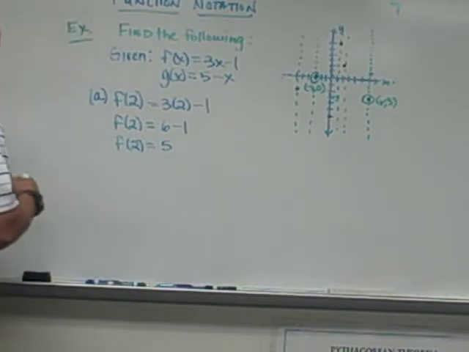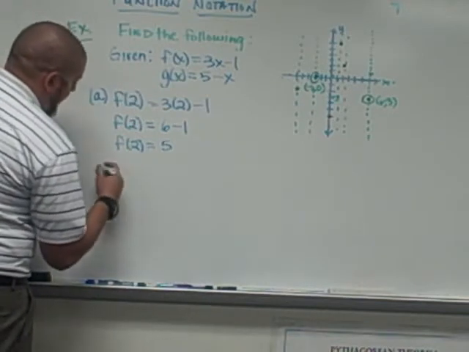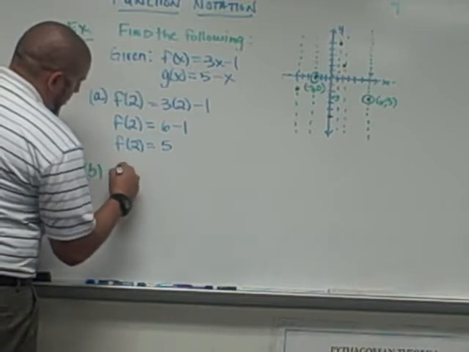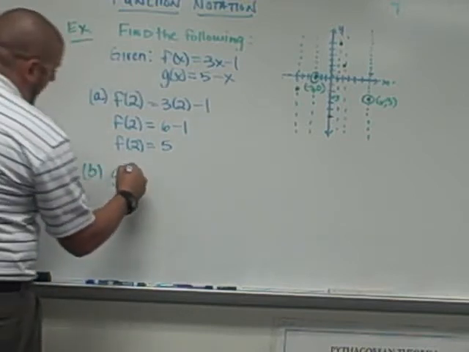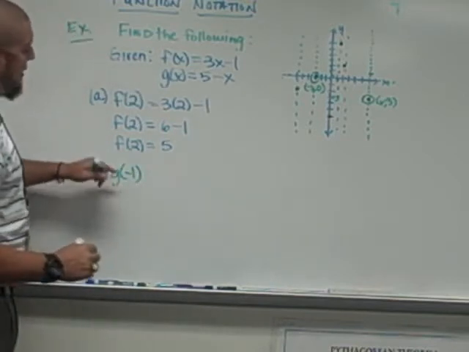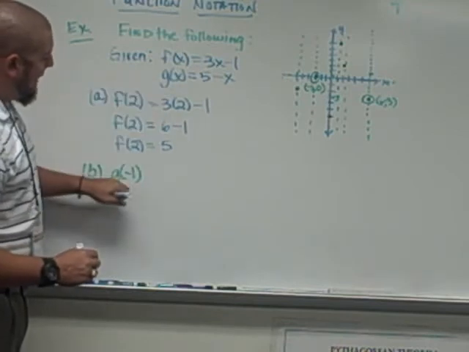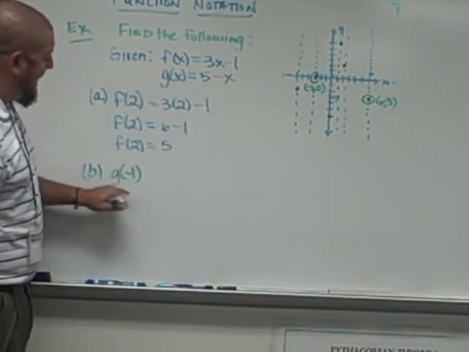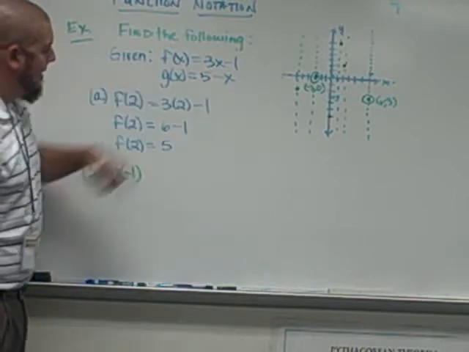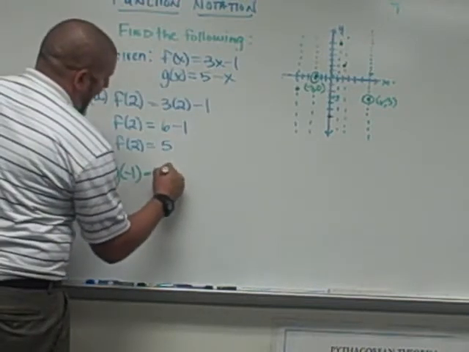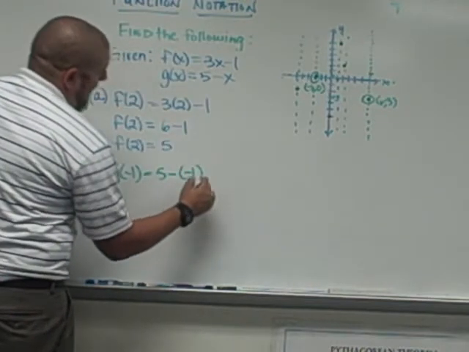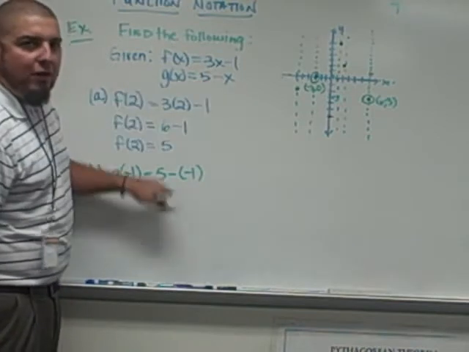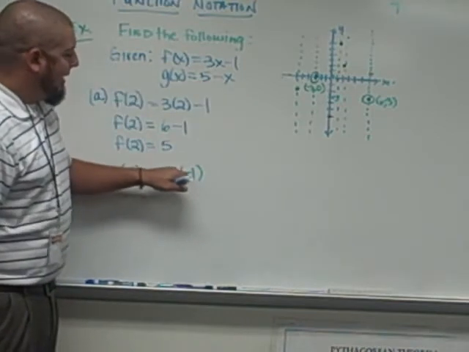All right? Let's say I was given another example. Let's say I was given g of negative 1. Okay? I'd go to the g function and I would plug in negative 1 for the x value because the negative 1 was plugged in here. I plug it in here. And now I would just do 5 minus negative 1. This is part of the function, so make sure you don't just replace that negative with this negative.